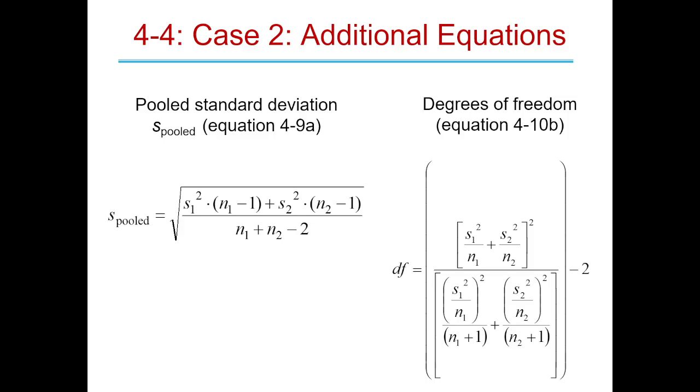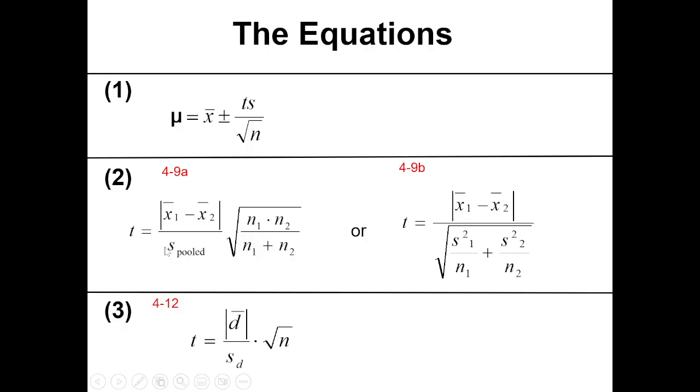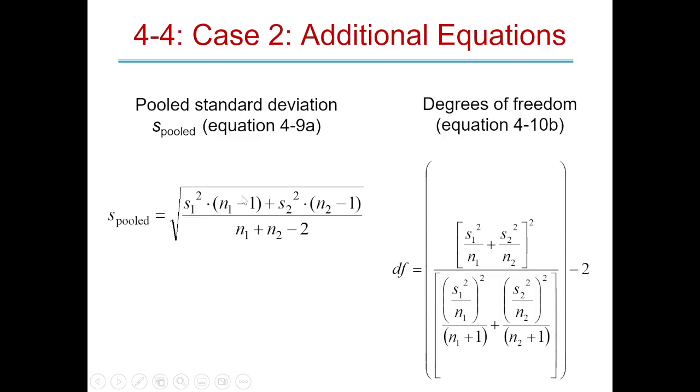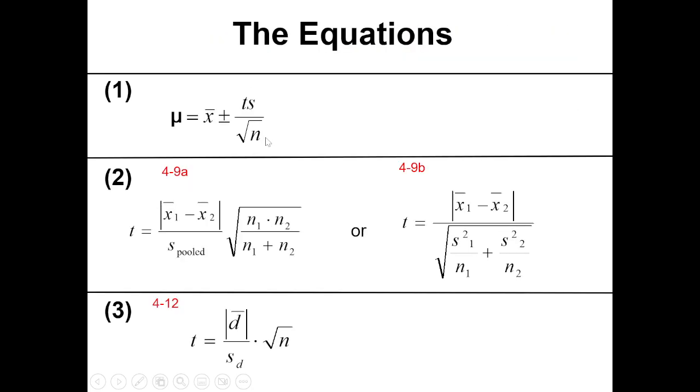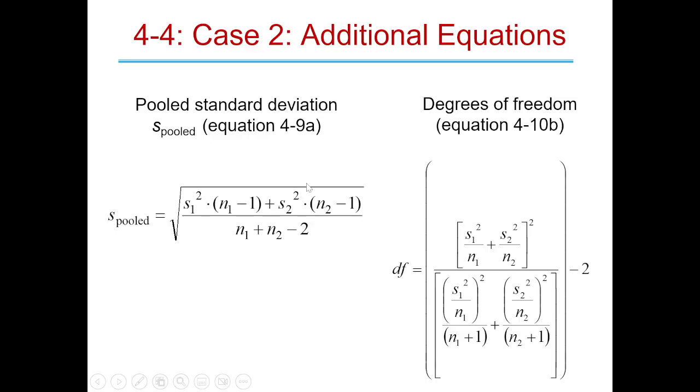So these are the sub-equations that you need to perform these equations here in method 2. See that? 49a, right there. So this right here is how you get s pooled.